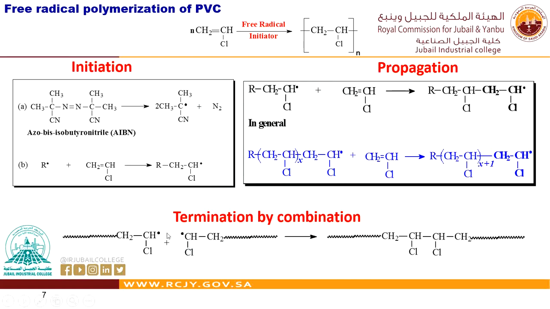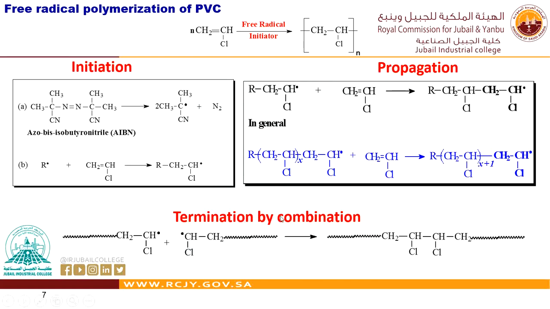So what you have at the termination step is a free radical plus another free radical will give you a polymer. So this is a typical example of the 3 steps of free radical addition polymerization, which include initiation, propagation, and termination.